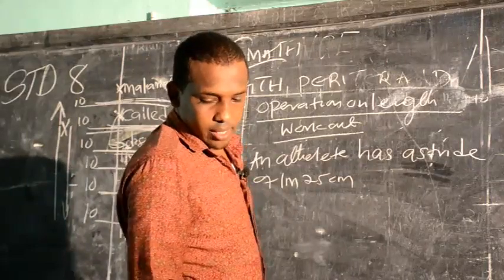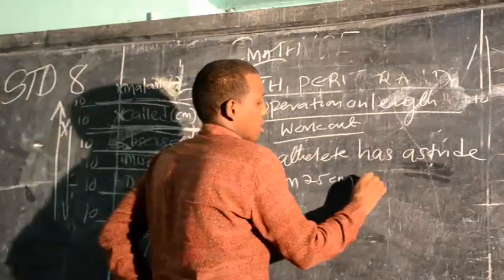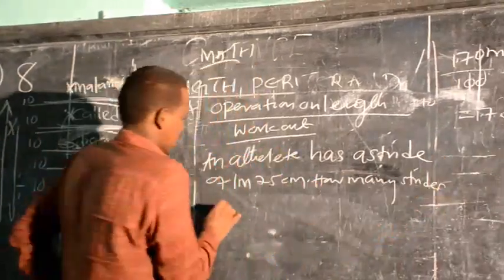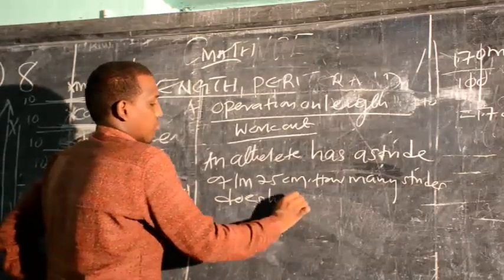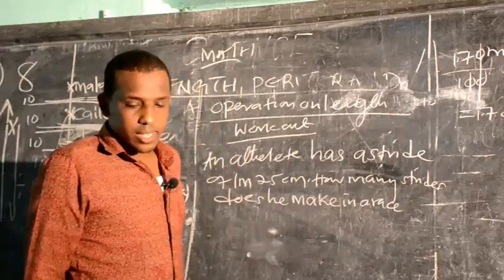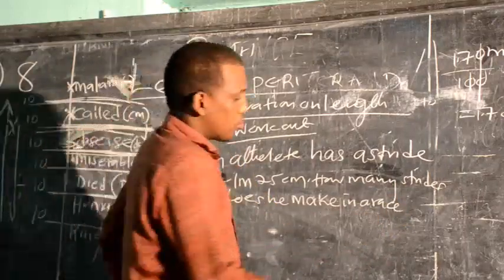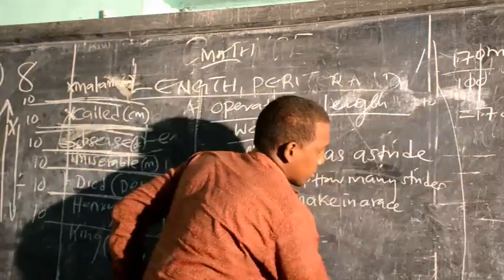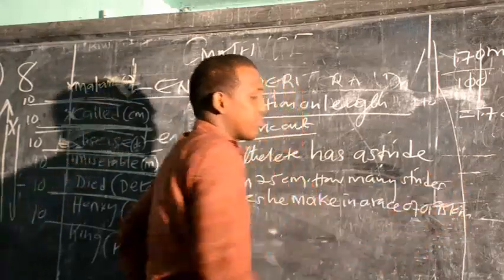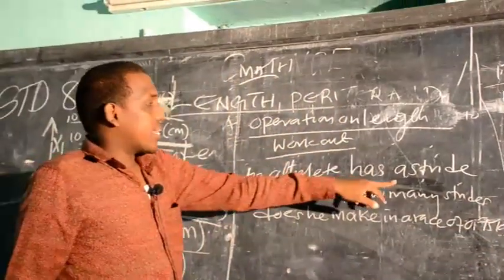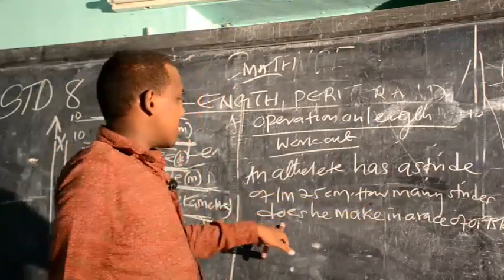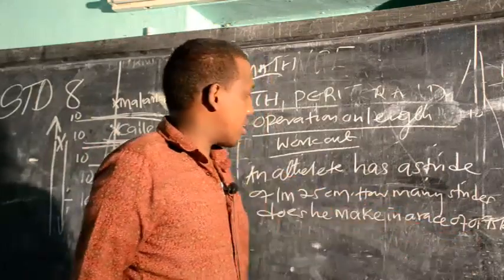How many strides does he make in a race of 0.75 kilometer? They said an athlete has a stride of 1 meter 25 centimeter. How many strides does he make in a race of 0.75 kilometer?